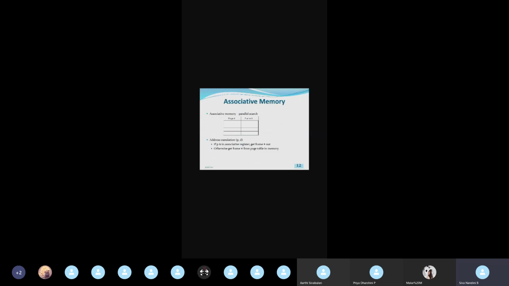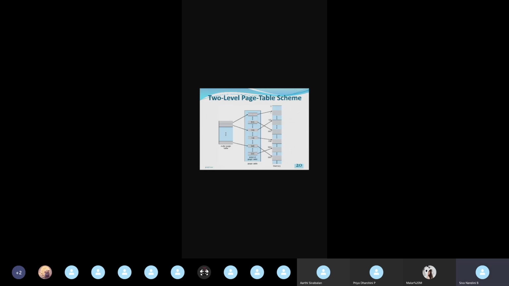Now I am going to talk about 2-level paging. In 2-level paging, we have an outer table, the outer page table, and also another page table, similar to your page table. See this outer page table.